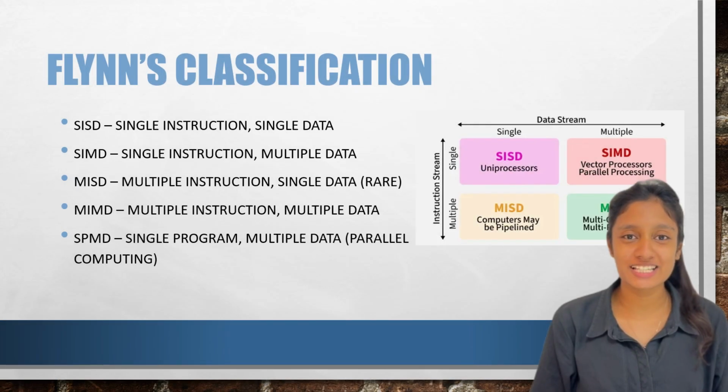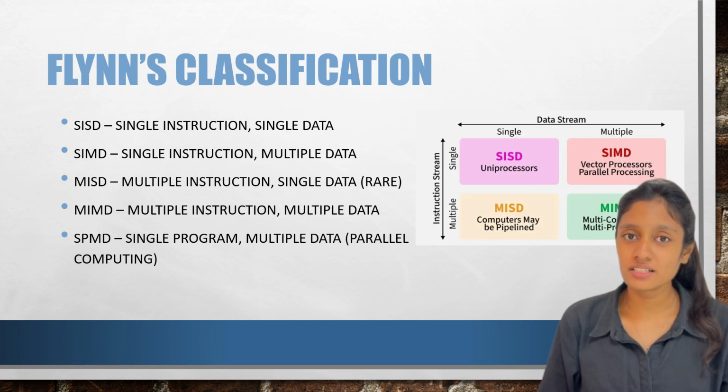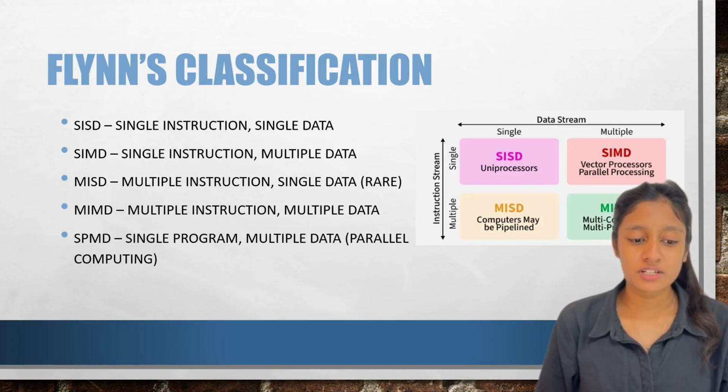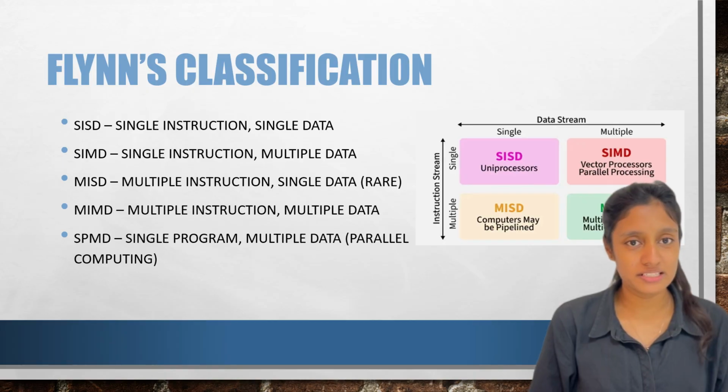Let's move to Flynn's classification. Flynn's classification categorizes computer architecture based on the number of instruction streams and data streams they handle. First one is SISD, single instruction, single data, traditional single core CPUs. Second one is SIMD, single instruction, multiple data, used in GPUs for parallel operations.